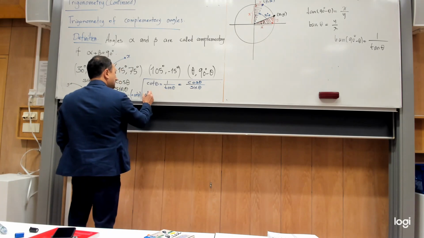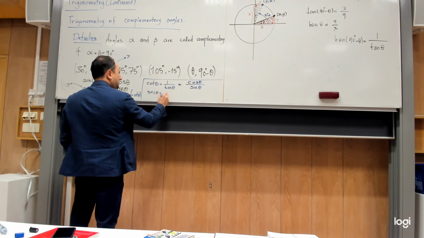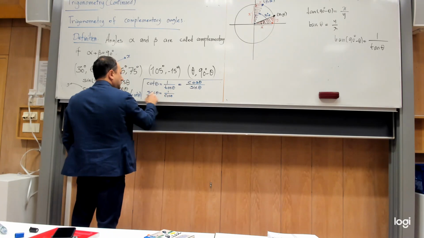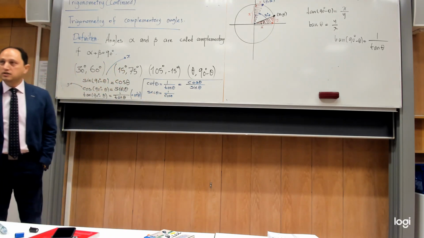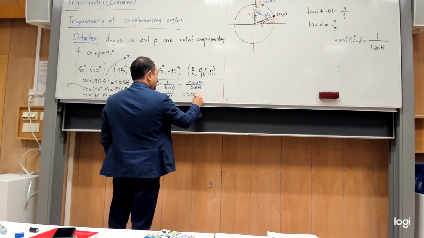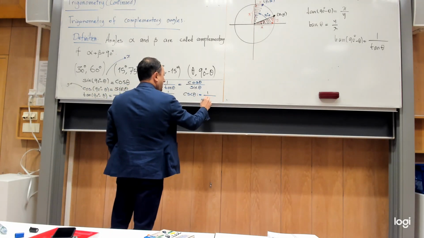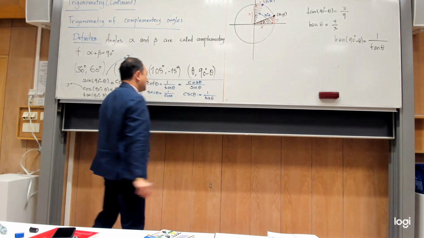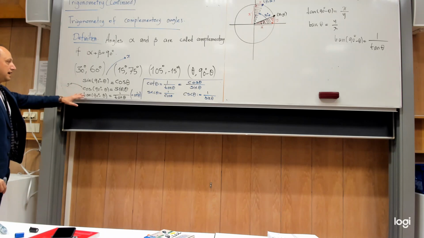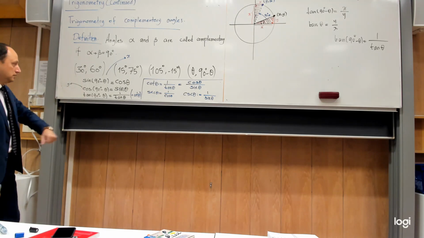So secant of theta is just a fancy name we write for 1 over cosine theta. So it's called secant of theta. It's good to know them. And cosecant of theta is 1 over sine theta. So these are the only things that you will face. Sine, cosine, and tangent, which is already in the book.